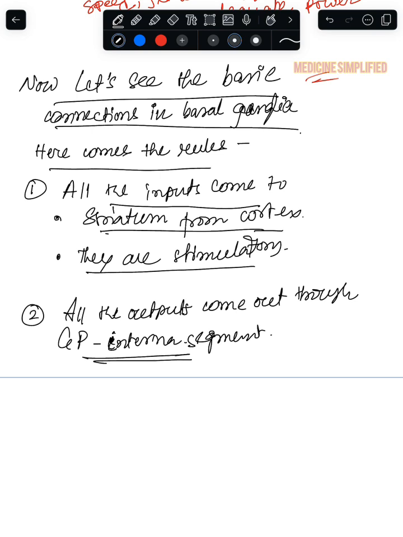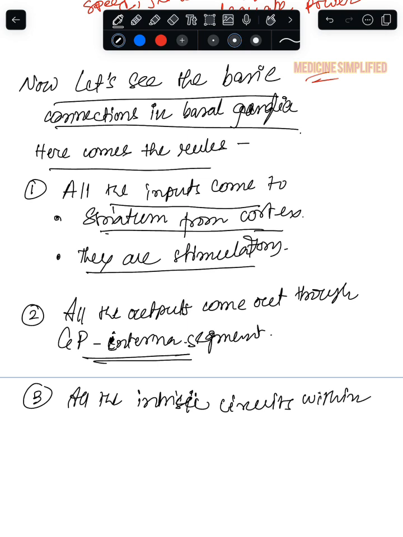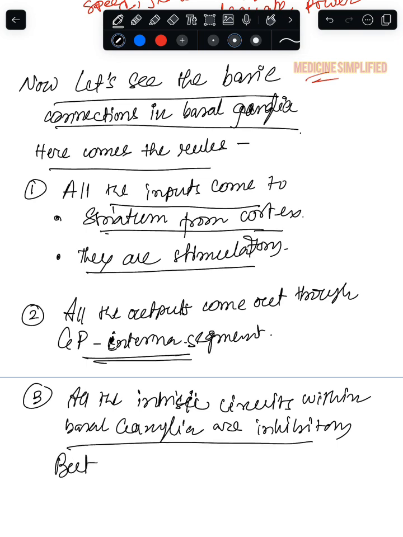Number 3, all the intrinsic circuits within basal ganglia are inhibitory, but those that arise from subthalamic nucleus are excitatory.